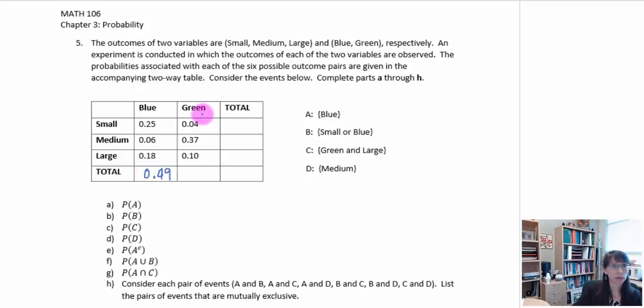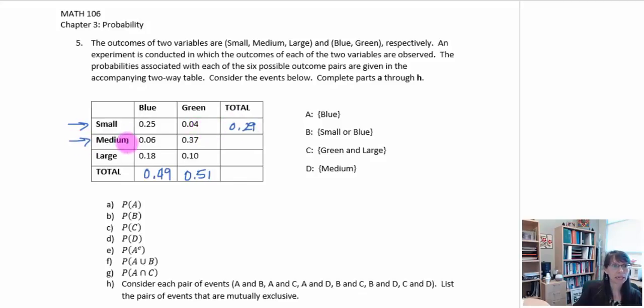If the event is green, then we're adding 0.04 plus 0.37 plus 0.1, and that total is 0.51. Now looking across the events, the event is small, we're adding 0.25 with 0.04 to get 0.29.